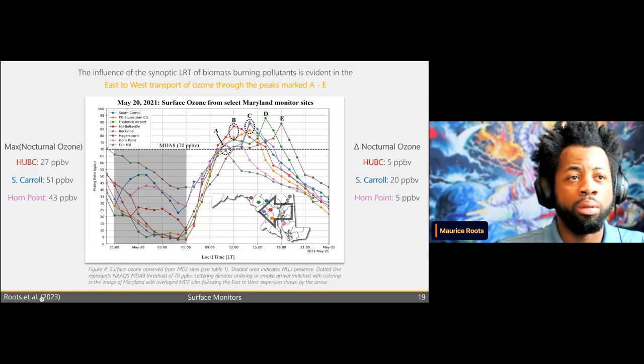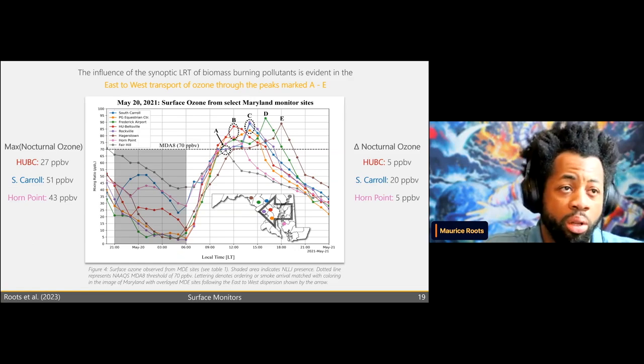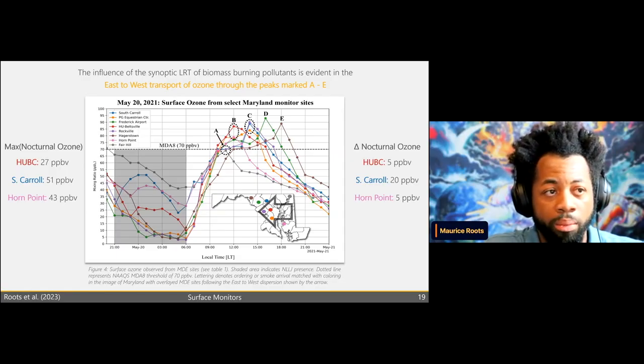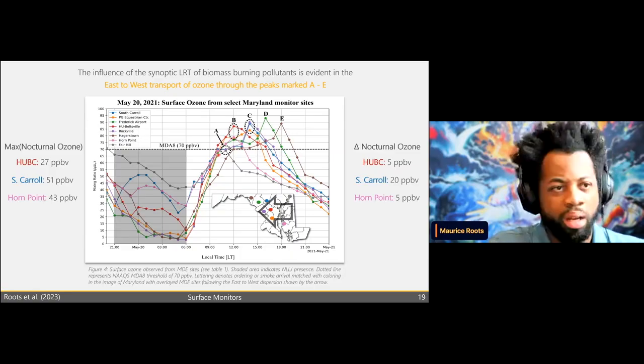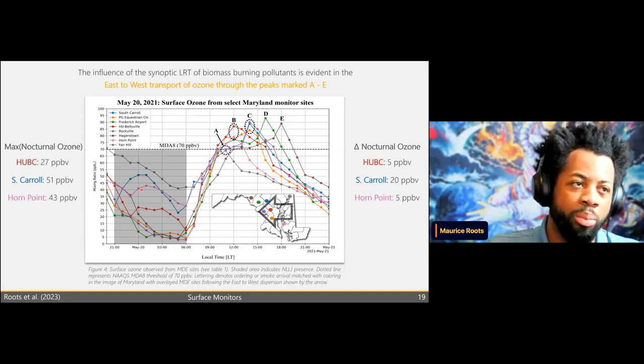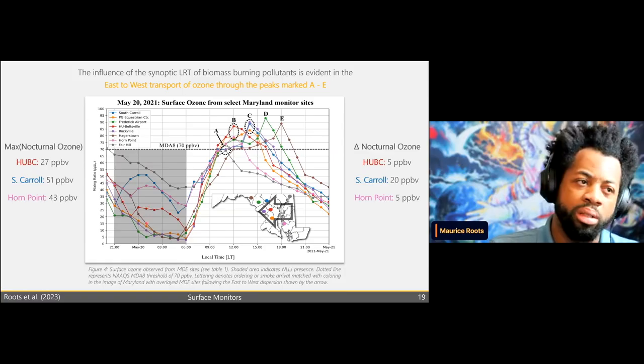So what I didn't say here is that you can also see the slope. This is a very steep gradient for ozone production in the morning. I did the calculation. I don't have it on this slide, but it's much higher than it should be. That lets us know a lot of precursors were flooded into the surface air.